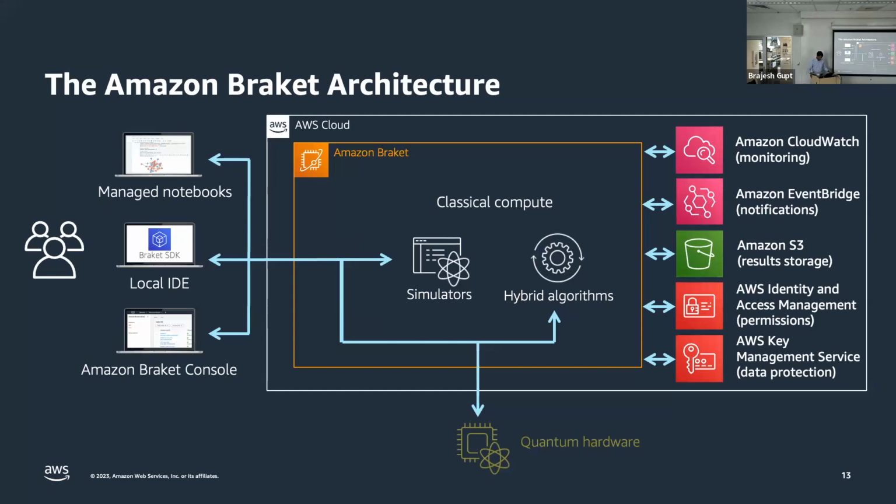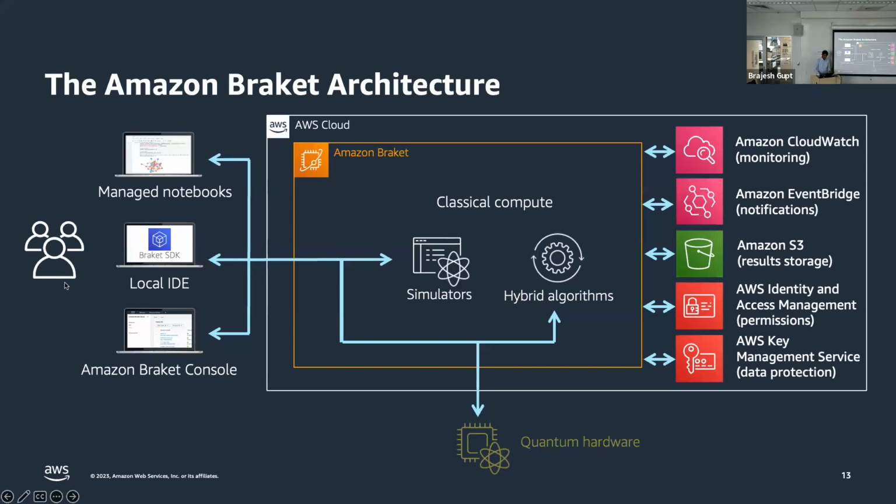IonQ is in Maryland. QuEra's device is in Boston, and Oxford Quantum Circuits' device is in London. So they are not part of AWS cloud. However, they are connected with AWS cloud with a safe and secure network. So Amazon Braket has priority access to those quantum hardware for you to be able to run your code, right?